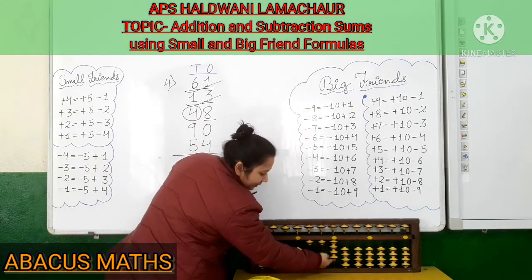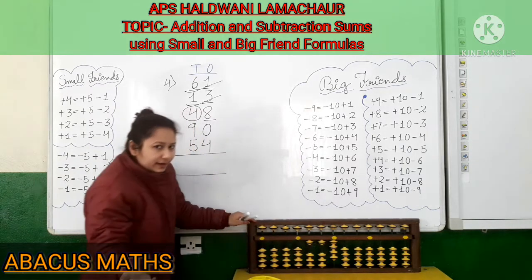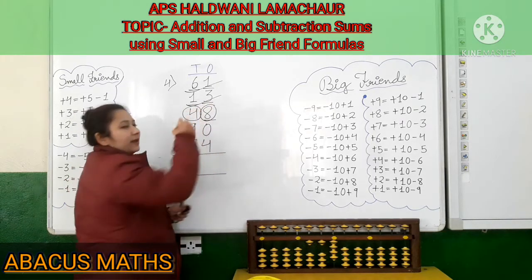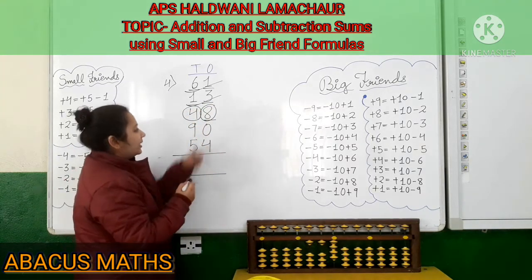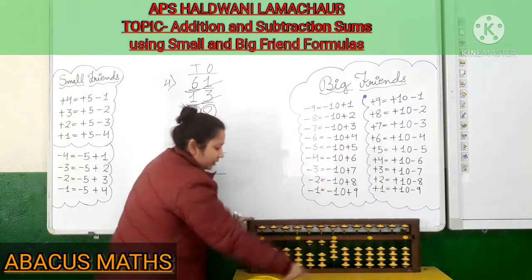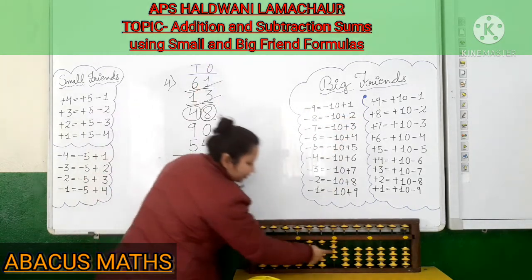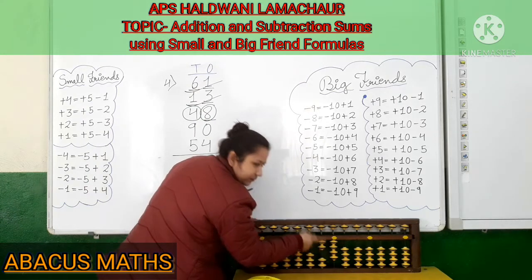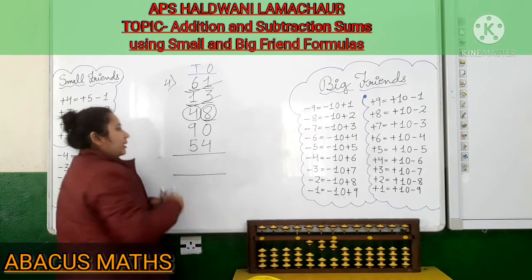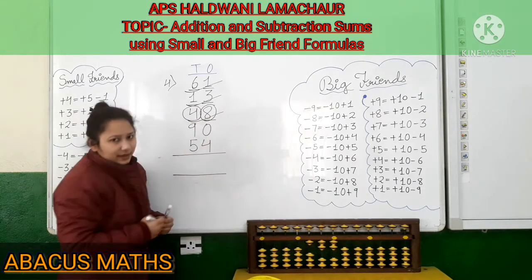See, for adding 8, 4 beads we have already added. The bead is not there. Now for this 8 also use the big friend. For adding 8, plus 10 minus 2. See, 8 you have to add in one rod. So plus 10, one rod up, minus 2 from the same rod. And this 48 is added.